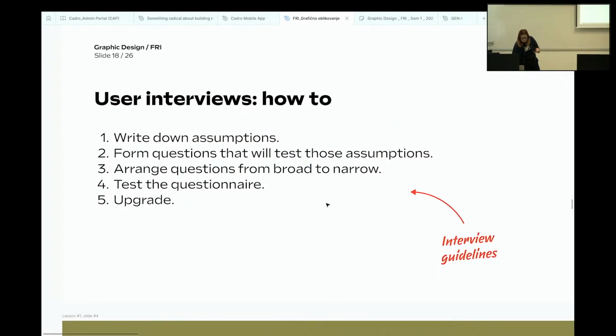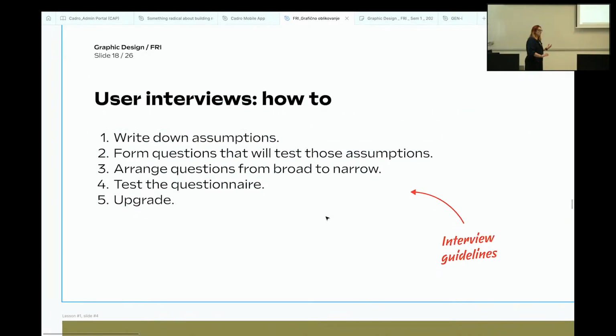Good questions for user interviews are any questions that would show us behavior. Tell me about the last time you did something. Tell me about the worst experience you had with something. Tell me about the best experience you had with something. From these answers, what we usually get is stories, and stories convey both what actually happens and all the emotions.